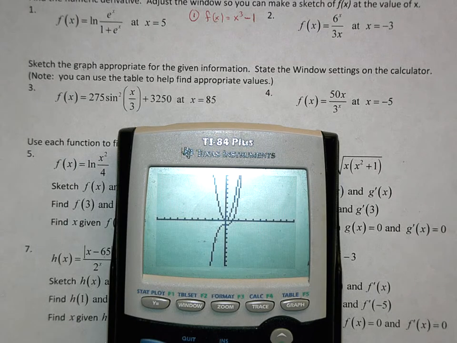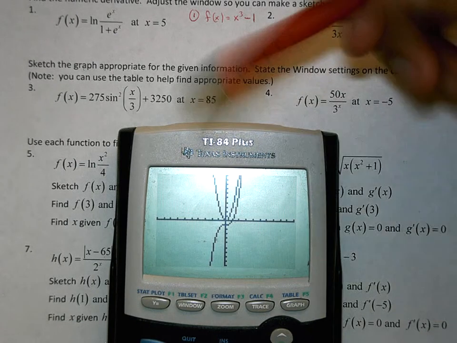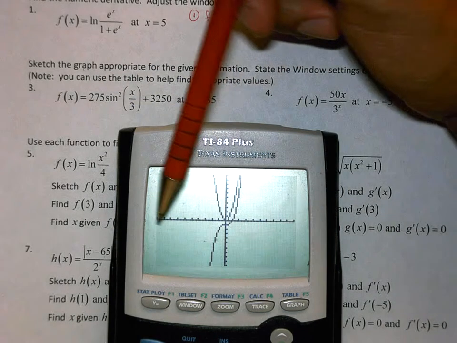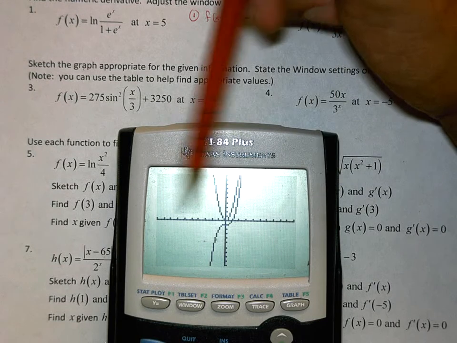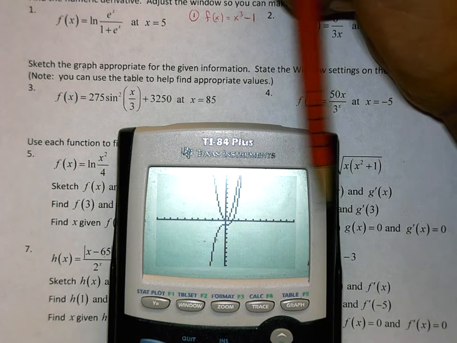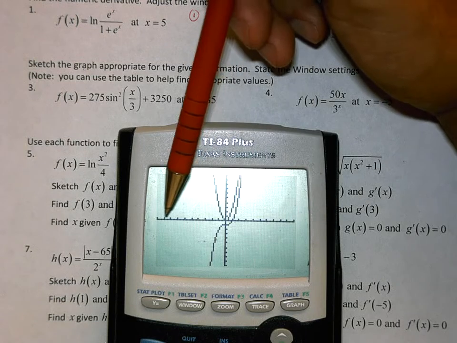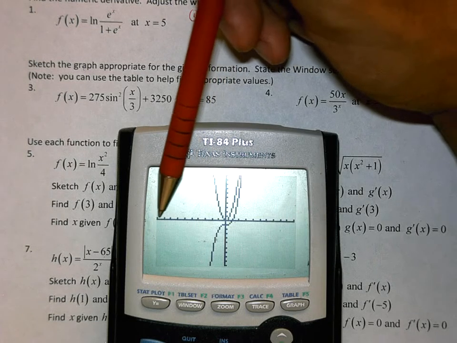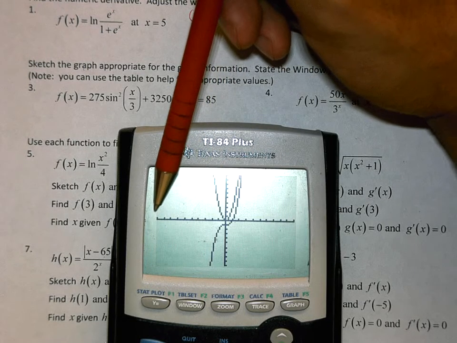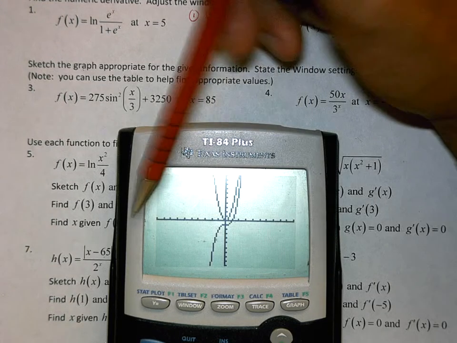With that being said, your calculator can only find derivatives within the window. So when I look at this, this is from negative 10 to positive 10 x values.